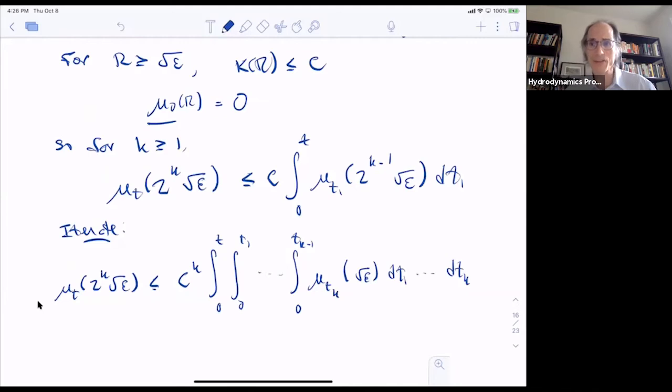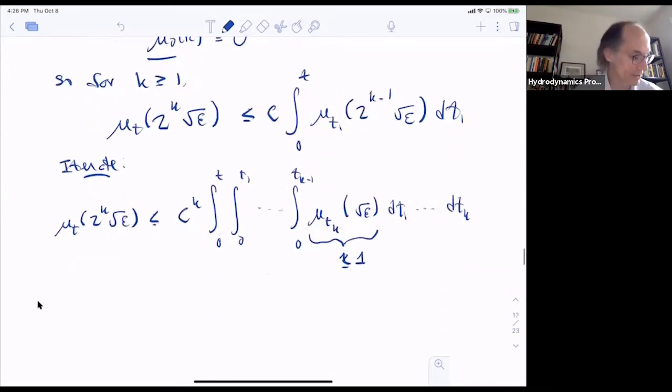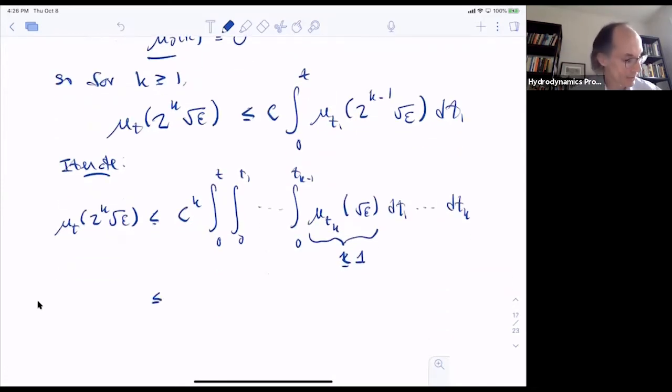But anyway, the vorticity outside a certain region is certainly bounded by the total vorticity, and since I divide by the total vorticity, this whole quantity is less than 1. And so then if I just do the integrals, I'll get c to the k, and I believe I get t to the k over k factorial.